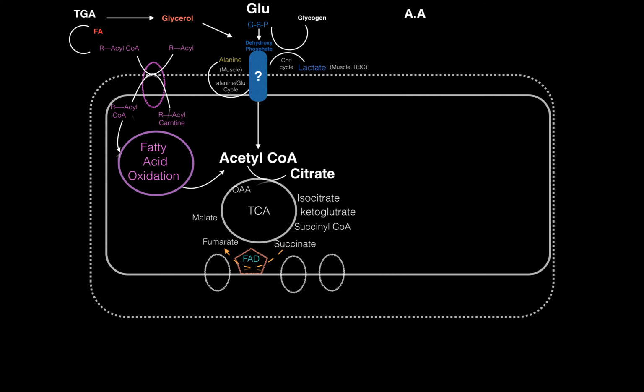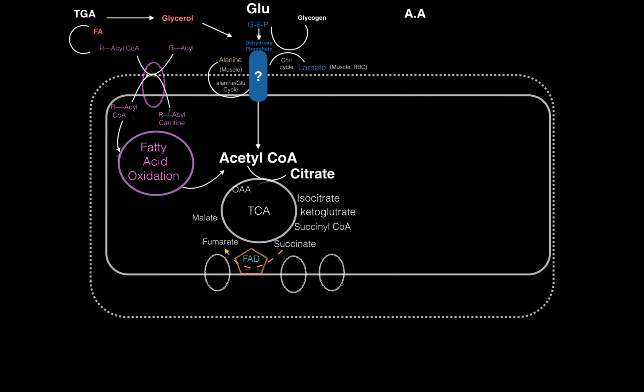So once we get the acetyl-CoA from fatty acid oxidation, if there is not enough oxaloacetate, which mainly comes from glycolysis, what happens? We're left with acetyl-CoA alone.